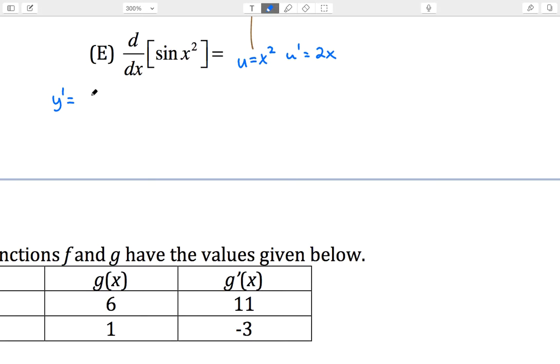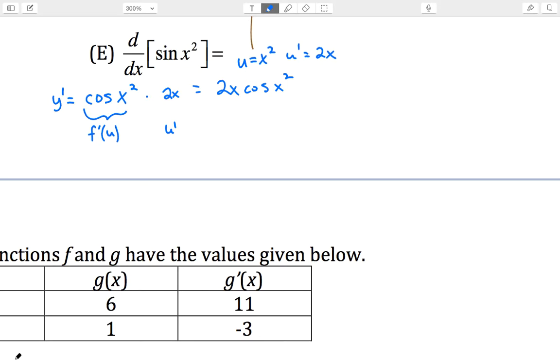So we start with cosine, that is the derivative of f of u, times the derivative of u. And you'll just rewrite that as 2x cosine x squared. Vastly different, right? So it is very important to make sure you've got the exponents on the trig functions where they belong.